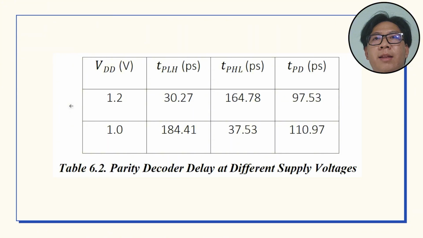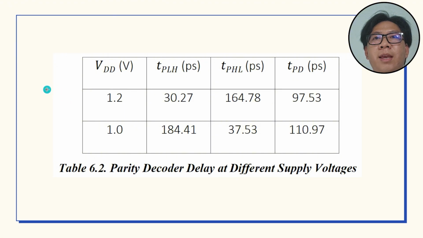We can see that at VDD 1.2 volts, we have TBLH at 30.27 picosecond, TBHL at 164.78 picosecond, TBD at 97.53 picosecond.